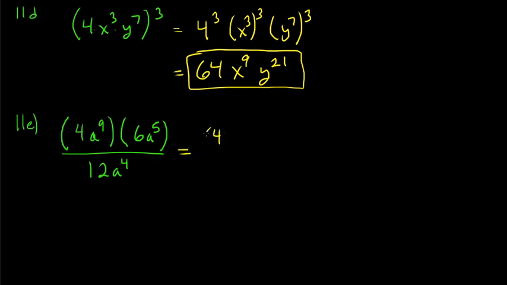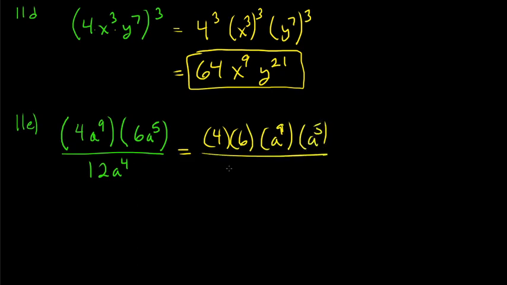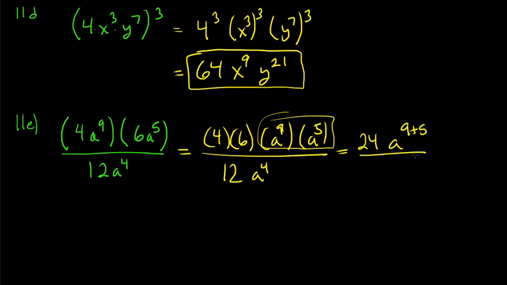This is 4 times 6, and then a to the 9 times a to the 5, divided by 12 times a to the 4. So 4 times 6 is 24. A to the 9 times a to the 5 is going to be a to the 9 plus 5, which is a to the 14.